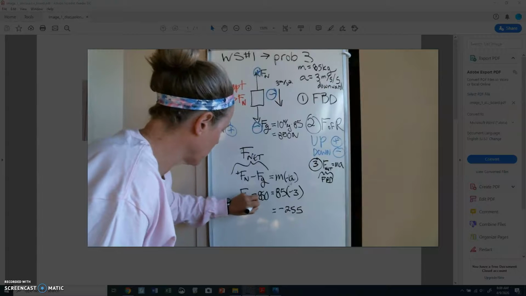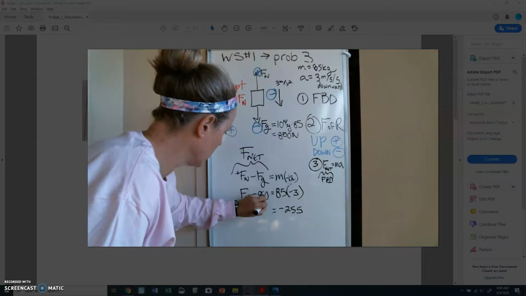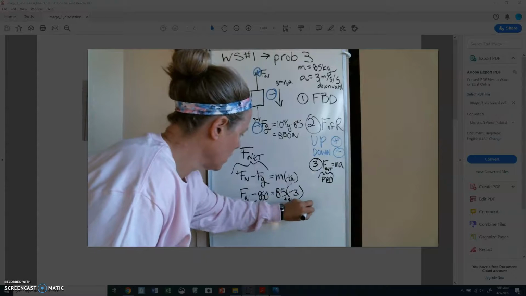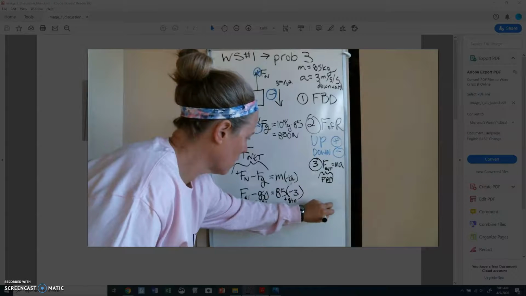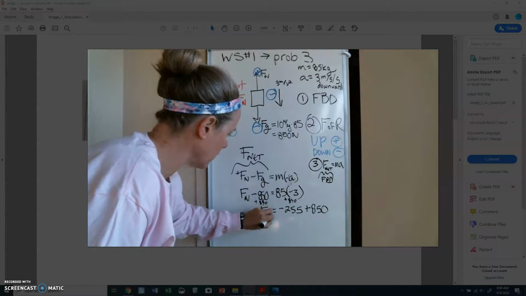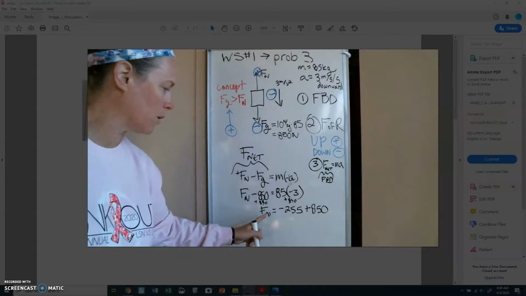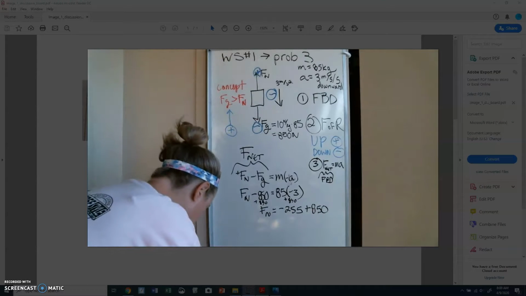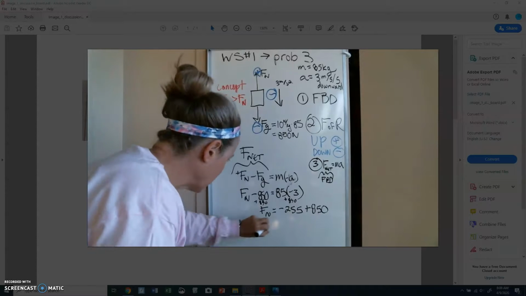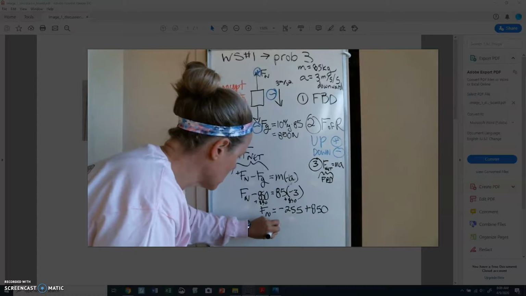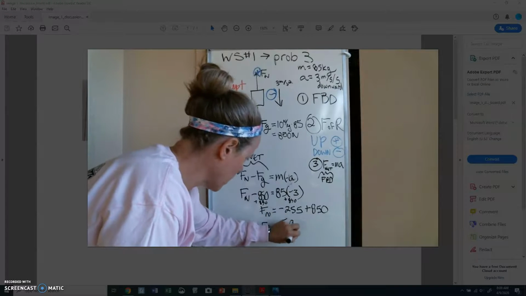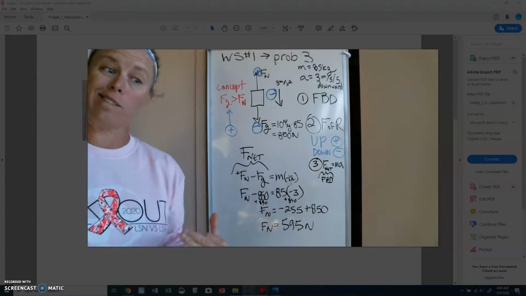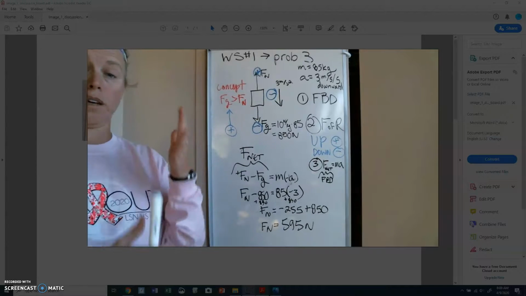And then I've got force normal. If I add 850, so plus 850, guess what happens? Mathematically, it matches with our work, where 850 minus 255 equals 595 newtons.